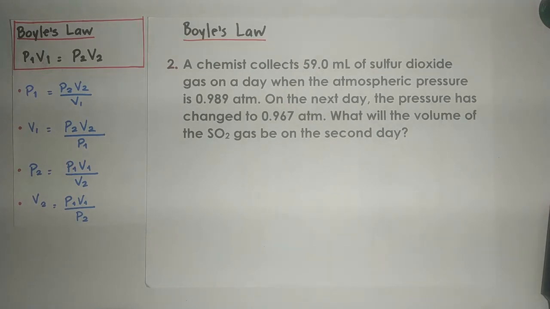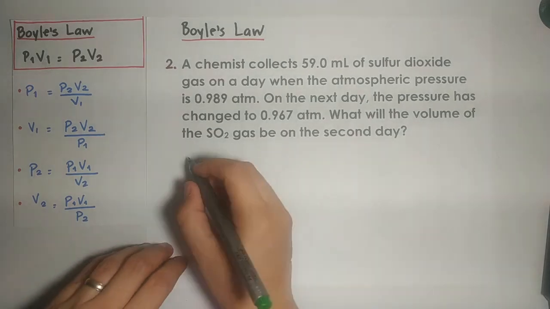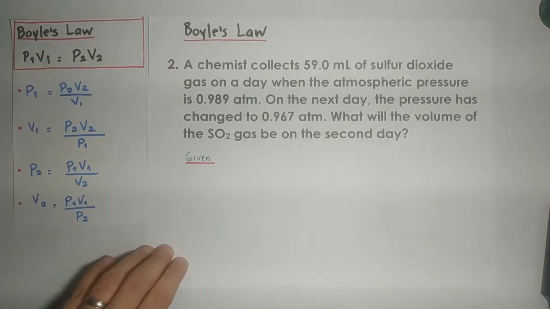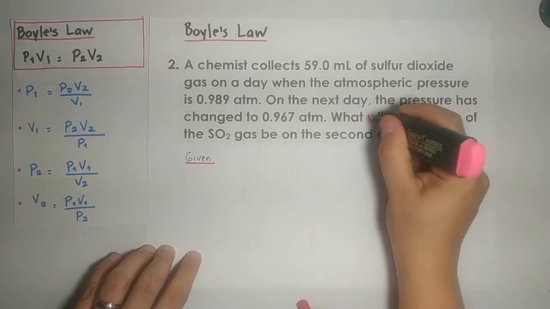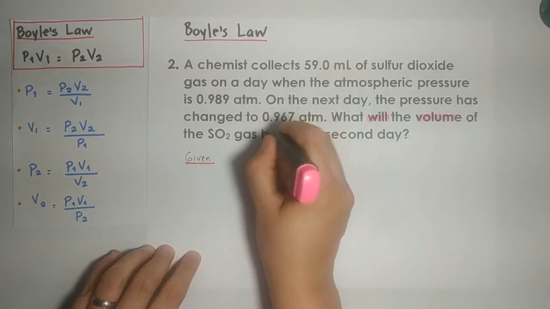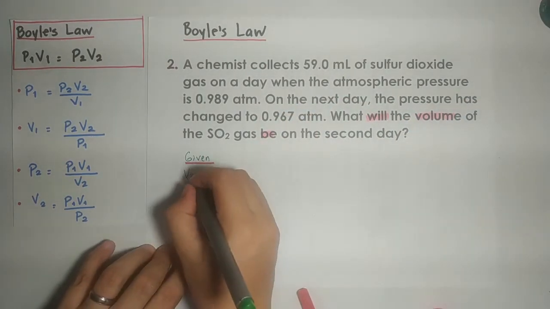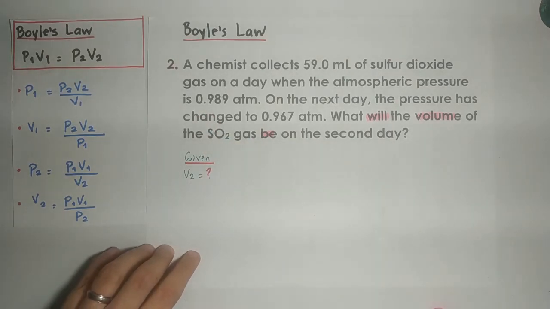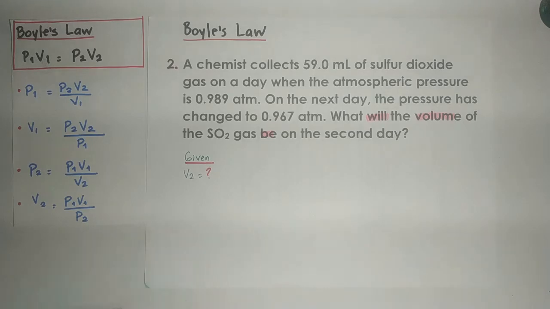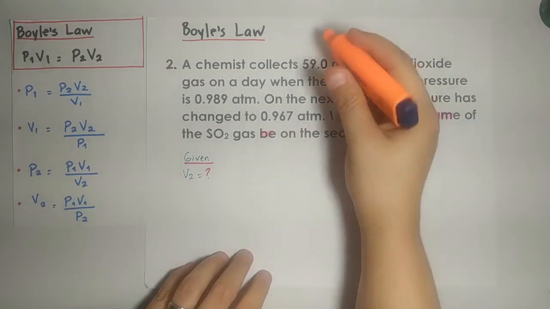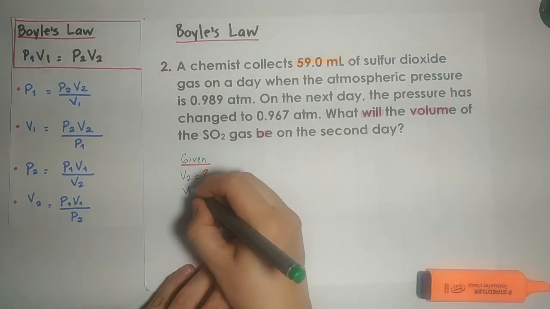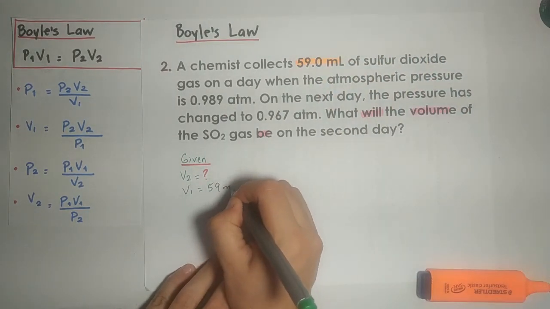So, what am I looking for? First, we write the givens. The question says, what will the volume be? So I need to find my final volume. Now, what is the exercise giving me? It's giving me initial volume 59 milliliters.